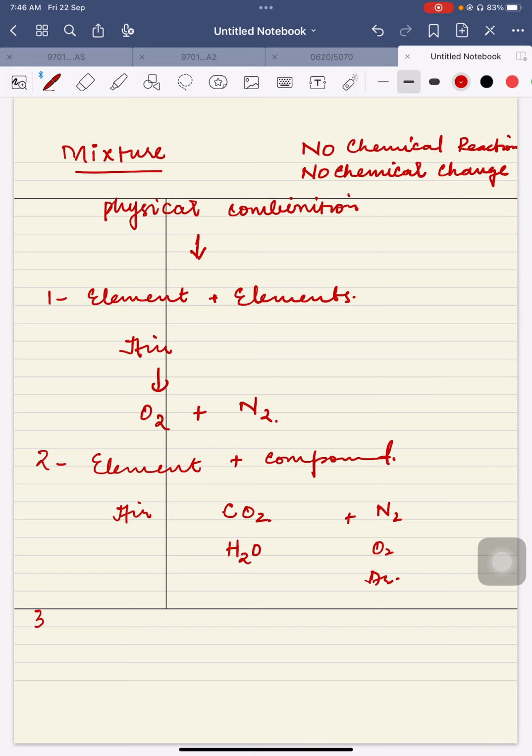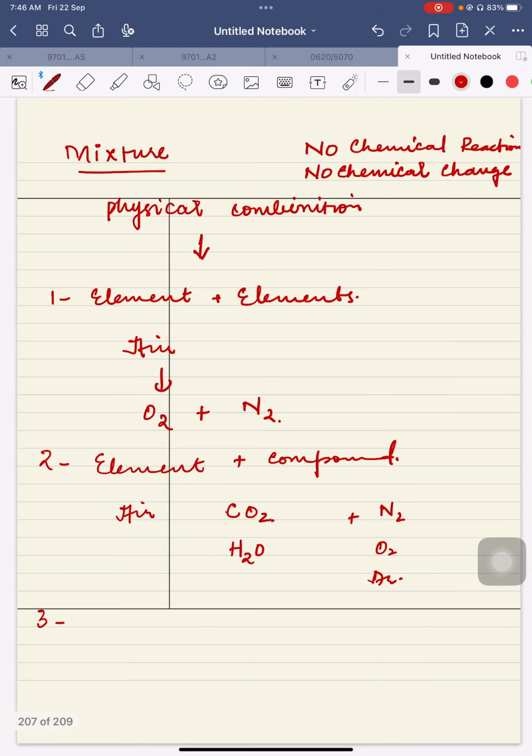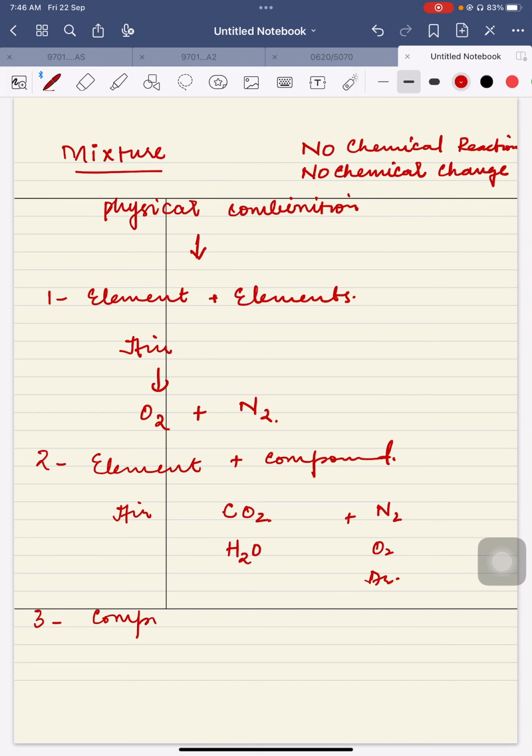Then there can be a third type, and that is the compound plus compound mixture. In the case of compound and compound, different types of compounds are there, but they are not reacting with each other. For example, in air we have carbon dioxide and H2O, whereas in the case of sea water, you can see water is there and SiO2. What is SiO2?